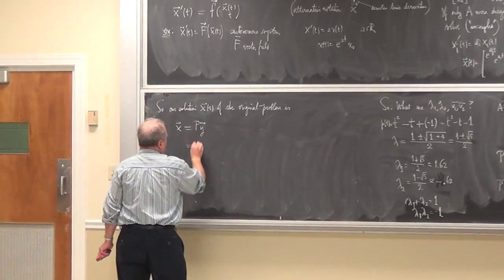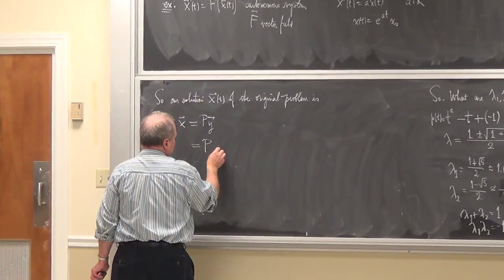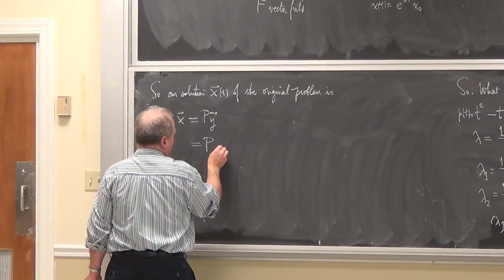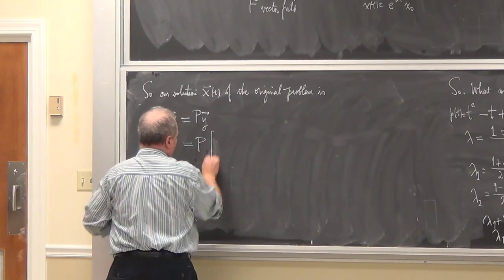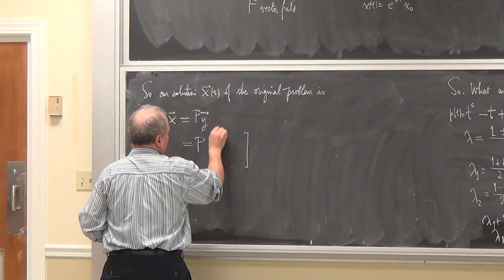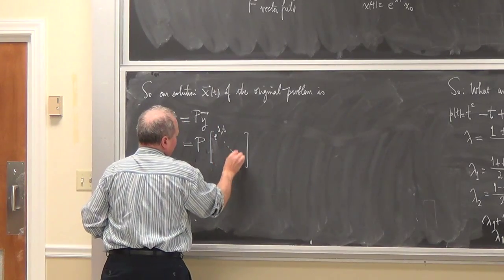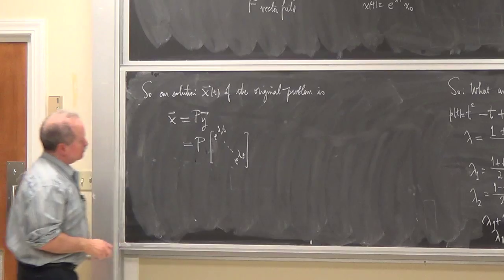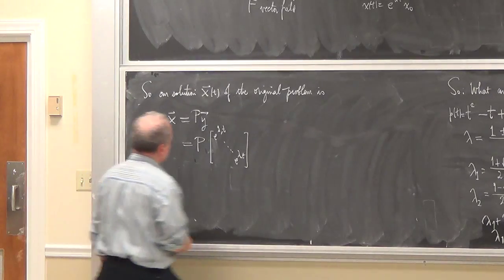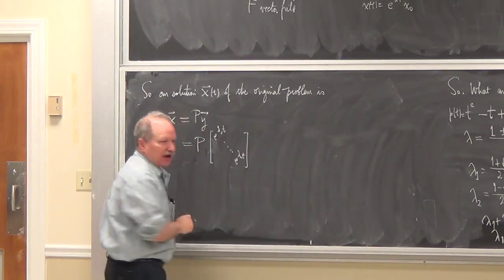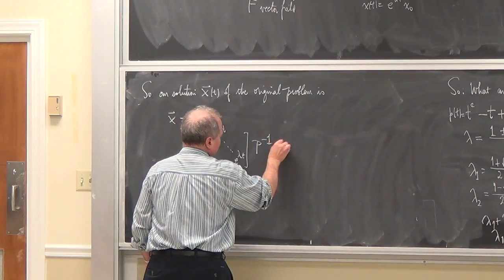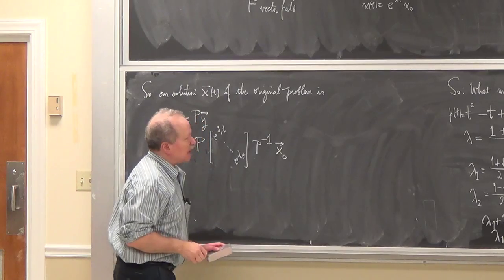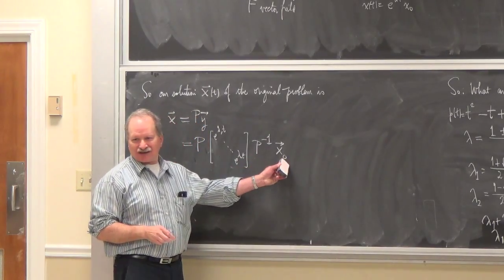So that is P times this diagonal matrix of exponentials times y, and what's y? Oh, it's P inverse x. So y naught is P inverse x naught.